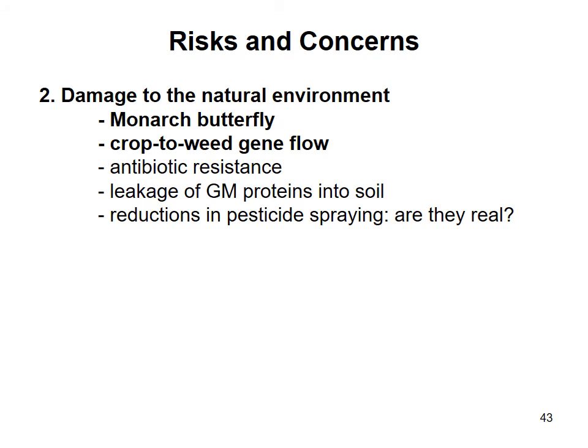And research results indicate that crop traits may escape from cultivation and persist for many years in wild populations. Genes that provide a competitive edge to weeds, such as resistance to viral disease, could benefit weed populations around a crop field.